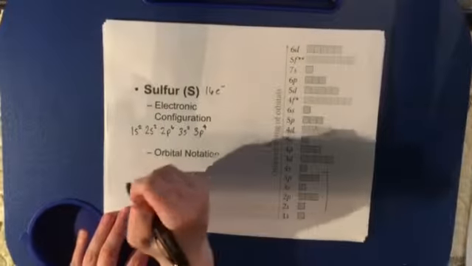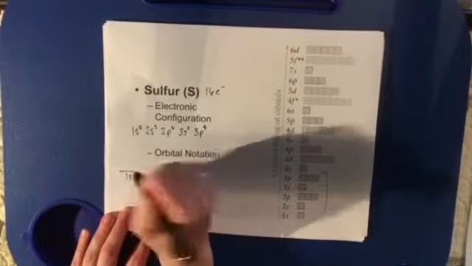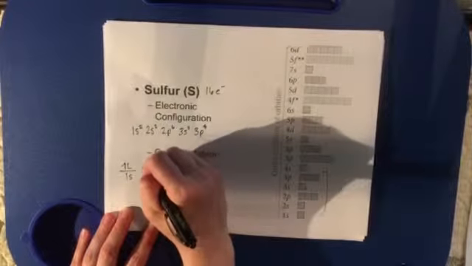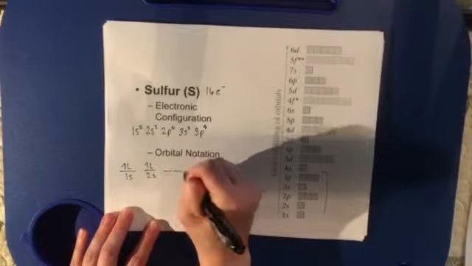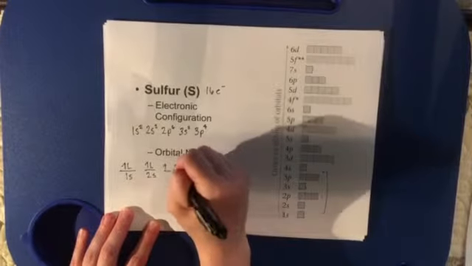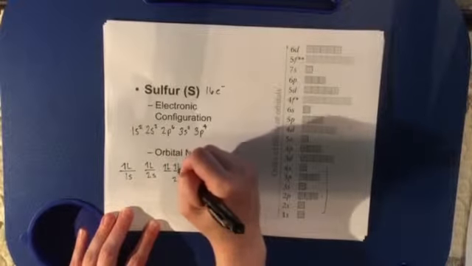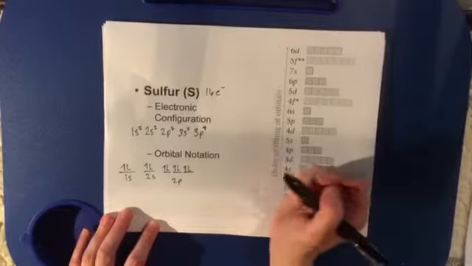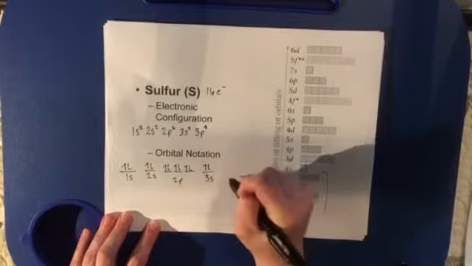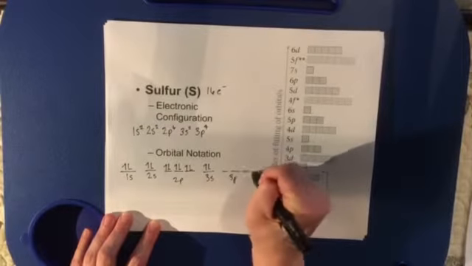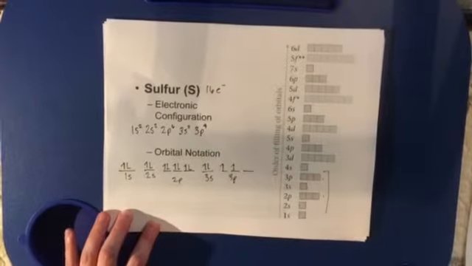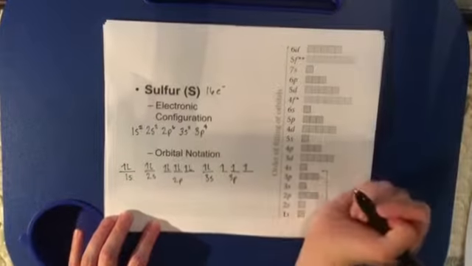For orbital notation, we're going to just draw a line for the 1s, fill that, 2s, fill that, 2p, fill that, and then the 3s, and then the 3p is where we will fill with 4.